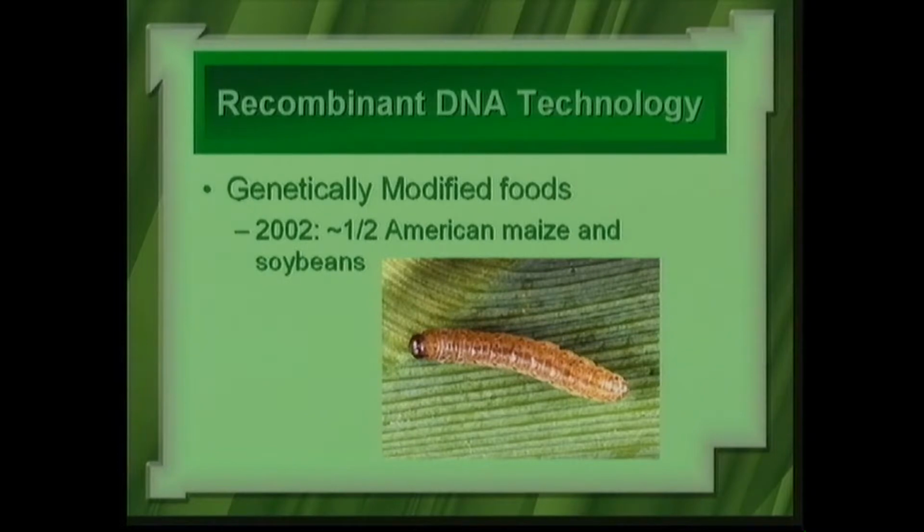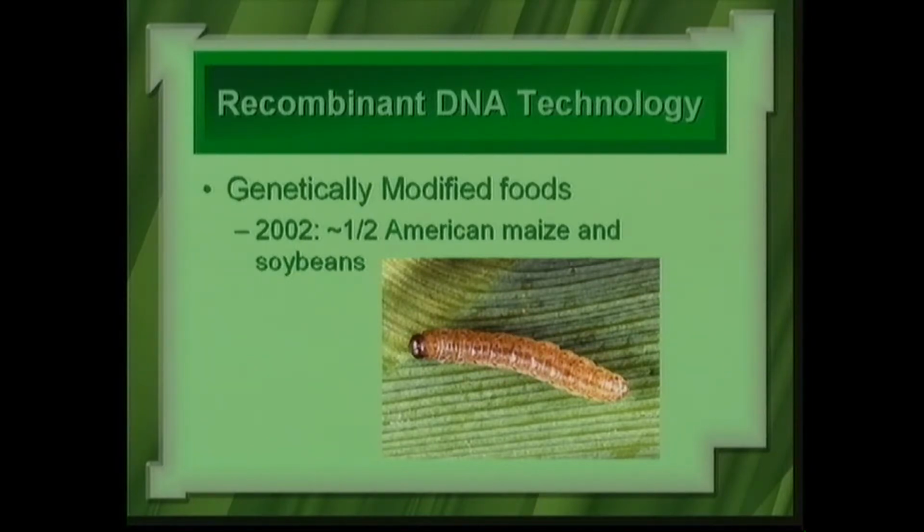What they found was that the Bt pollen from the corn was getting onto the milkweed, and it was being eaten by the larvae, or caterpillars, of the monarch butterfly. It was killing them. That was pretty controversial and pretty alarming at the time.